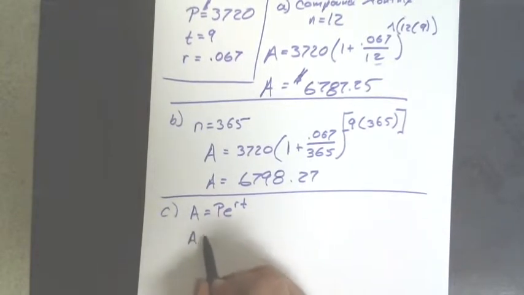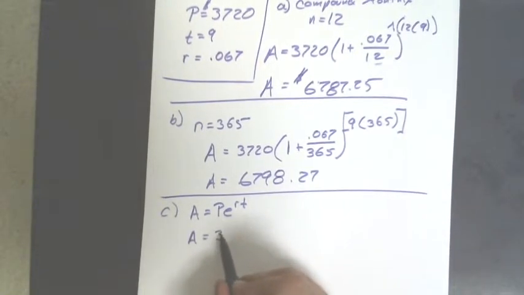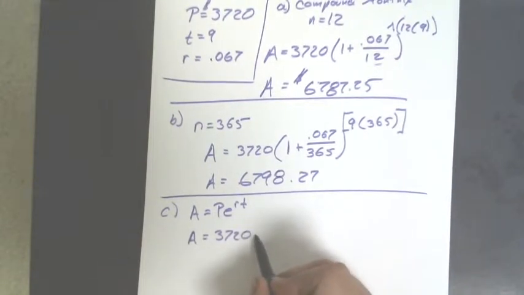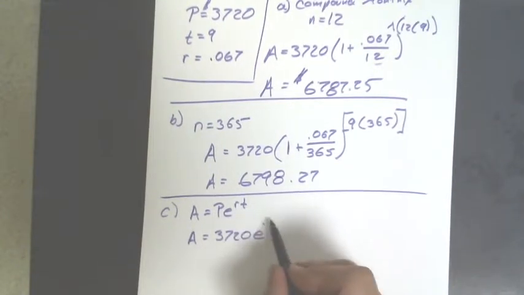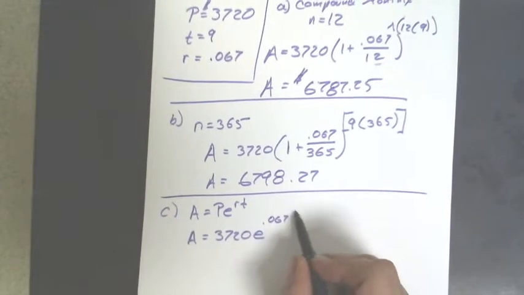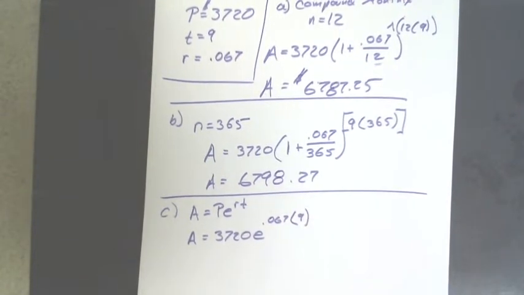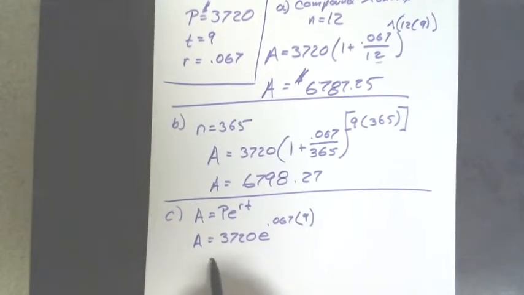But we're just given our values here, so 3720 e to the, we're told the r, again make sure it's in decimal form, times t in years, 9 years. We don't have to deal with that n because that n is infinitely often, it's continuous growth, and that n is what builds that e.